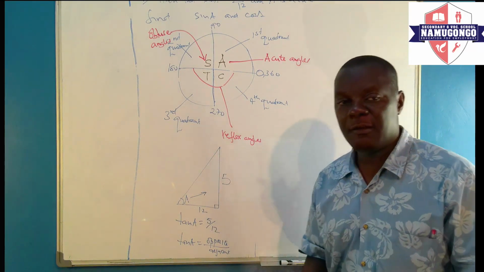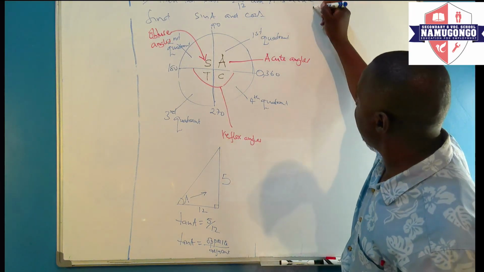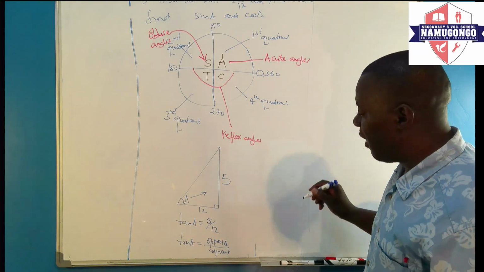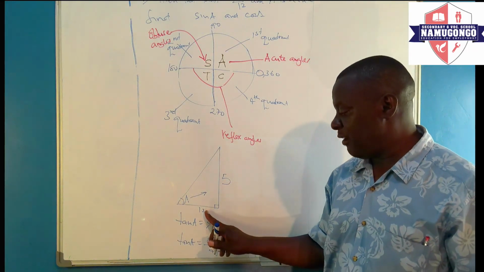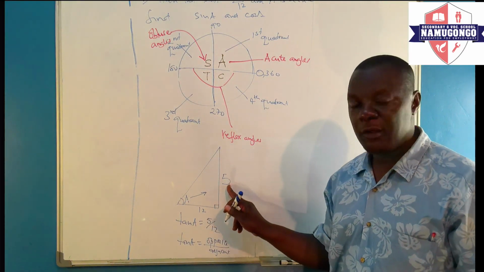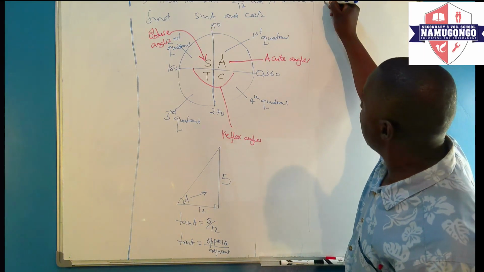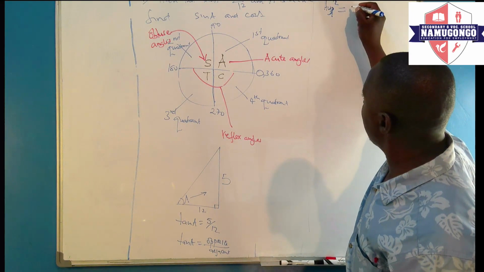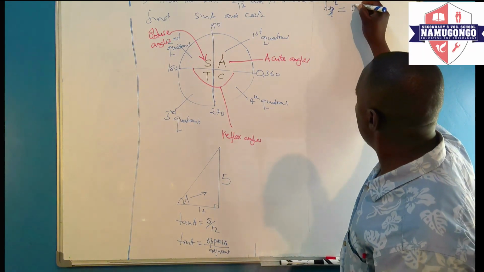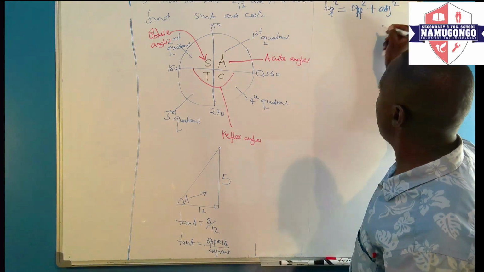How do we do that? We go through Pythagoras theorem. So we say the sum of the squares of the adjacent and the opposite will give us the hypotenuse squared. So we have hypotenuse squared is equal to opposite squared plus adjacent squared.